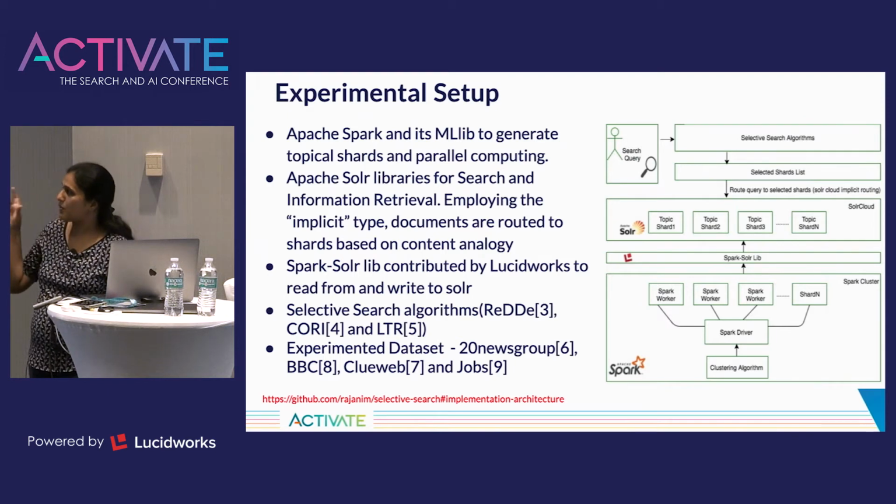Since your topic shards already have topic related documents in each shard, you take some 10% of documents from each shard and build a central sample index. When a user query comes in, you send the query to the central sample index, which tells you these documents are concentrated in these shards. Then you pick just those top ranked shards, query them, and return the results instead of going through all the shards.